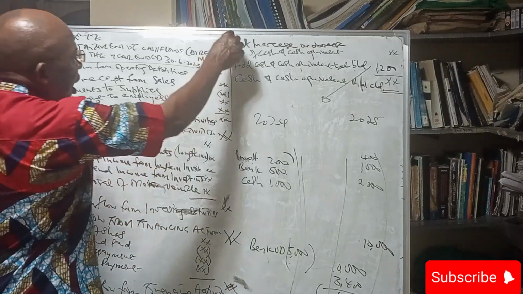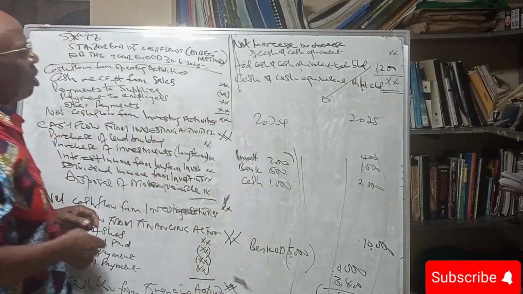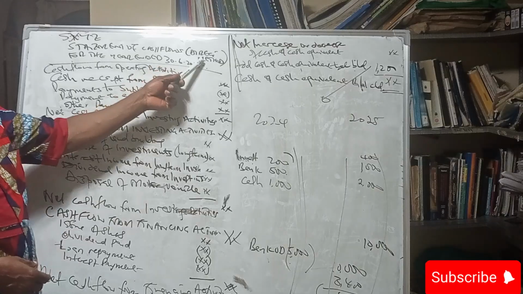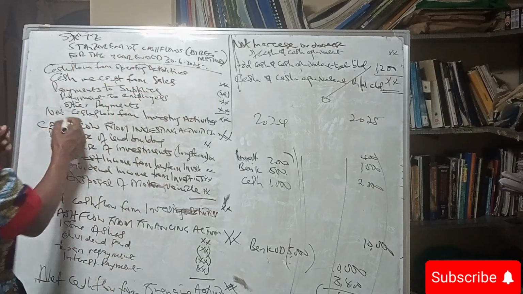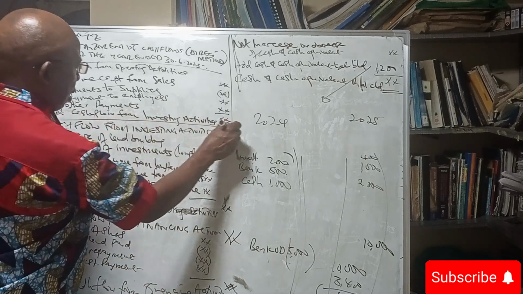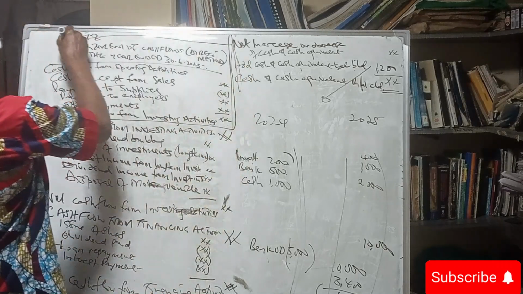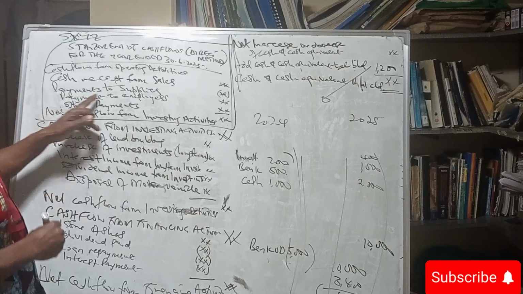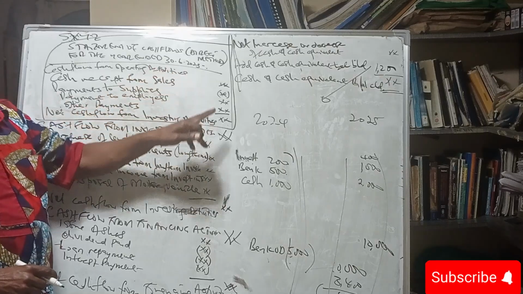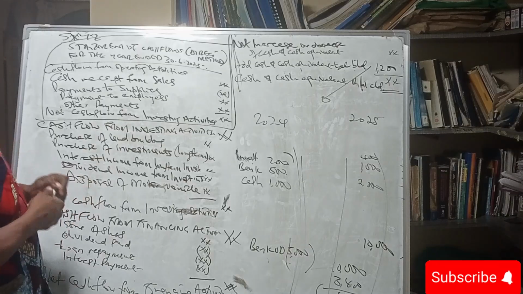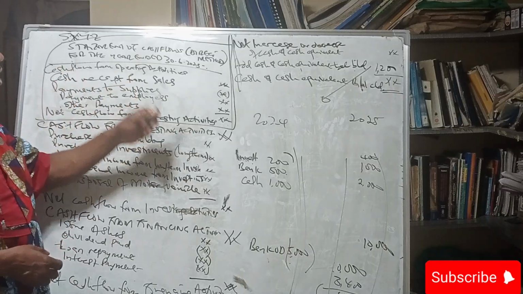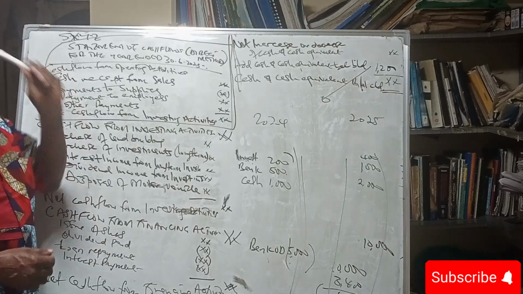Everything else does not change whether you are using direct method or indirect method. Indirect method only affects the statement of cash flow from operating activities. And therefore, I'm just going to discuss cash flow from operating activities indirect method.